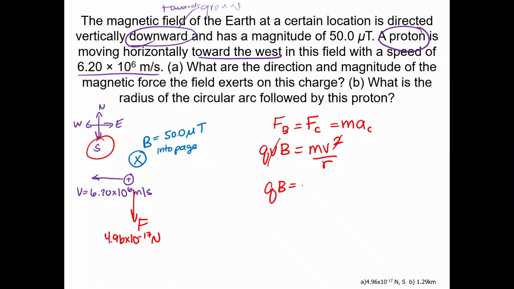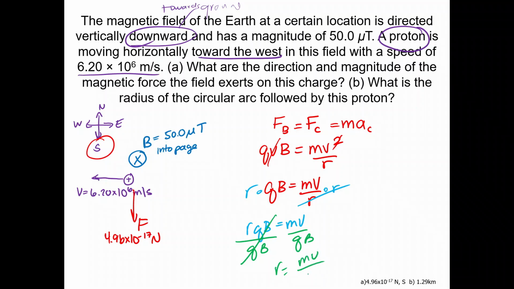QB is equal to mv over r. You would then multiply both sides by r, so you get rQB equals mv. Then divide both sides by QB, and you get that r is equal to mv over QB. So you could have skipped the force part and just done mv over QB to solve for your radius that way.